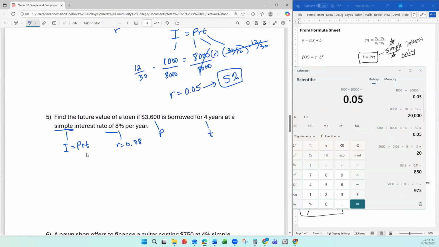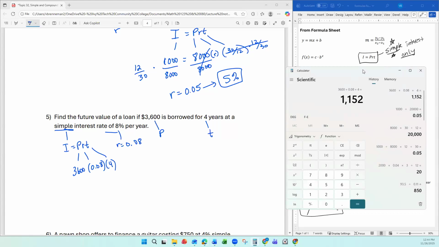So I, unknown, P is 3,600, R is 0.08, T is 4. 3,600 times 0.08 times 4 is 1152 interest, and it wants the future value, so add that on to the original principal, the amount borrowed, and this person has to pay back $4,752.